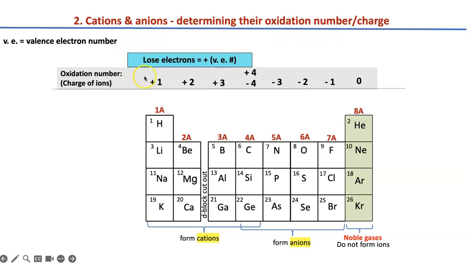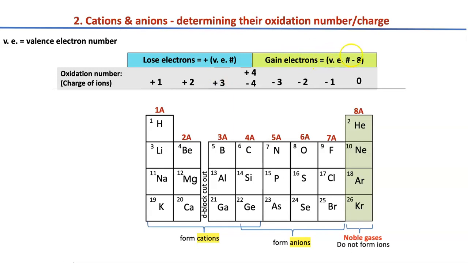And here's how to figure it out. Cations lose electrons and end up with a plus charge. The plus charge is equal to their valence electron number with a plus in front. And let's look at anions.